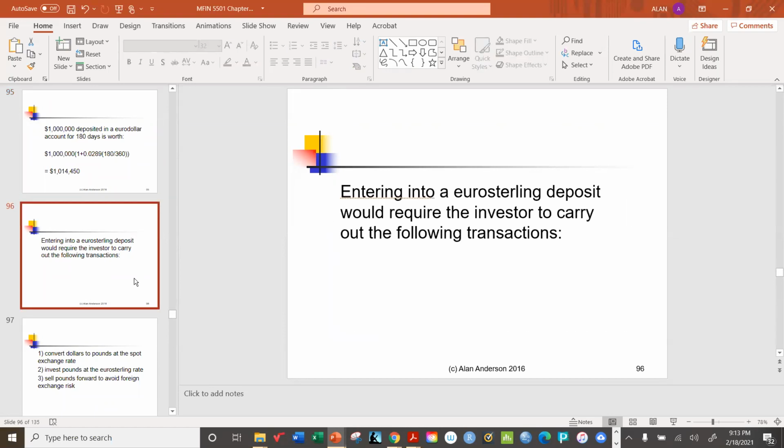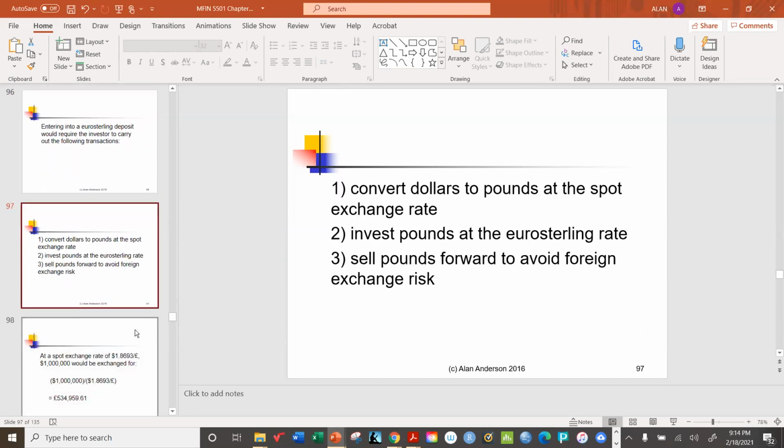What if I decided to invest in a eurosterling account instead? Well, the first thing I have to do is take my dollars and convert them into pounds at the spot exchange rate. I then put them in my eurosterling account, and then I'm going to enter into a forward contract to sell the balance of that account for dollars.